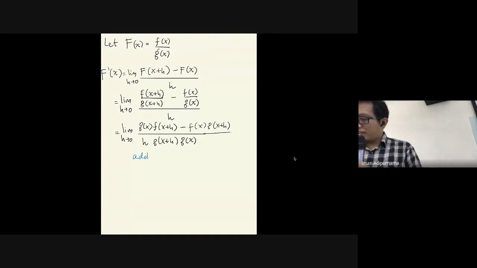Now add and subtract. The difference is we add and subtract f(x) and g(x).